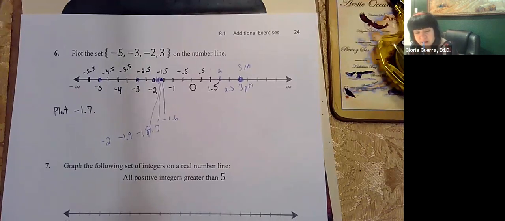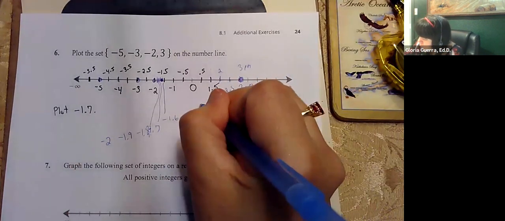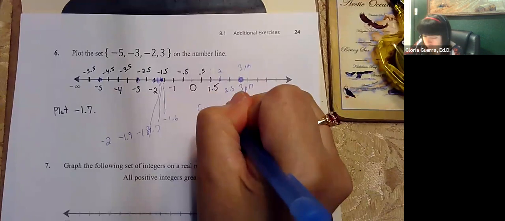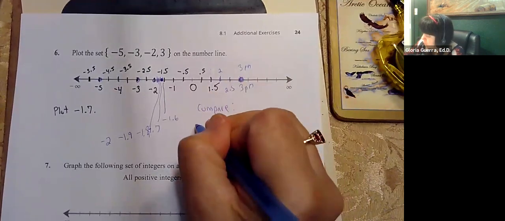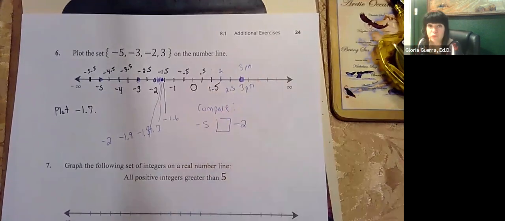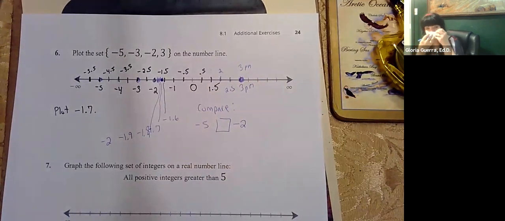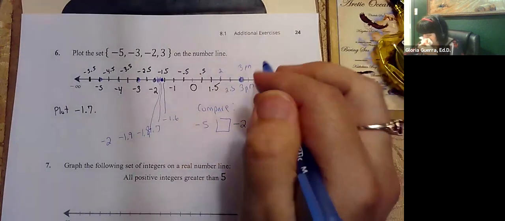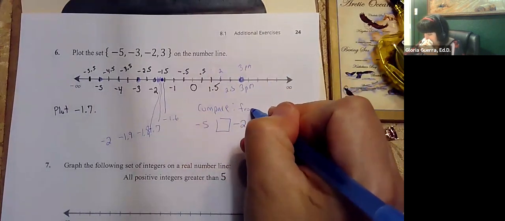Okay, now if I were to ask you to compare negative 5 with negative 2, remember, we always have to compare from left to right.